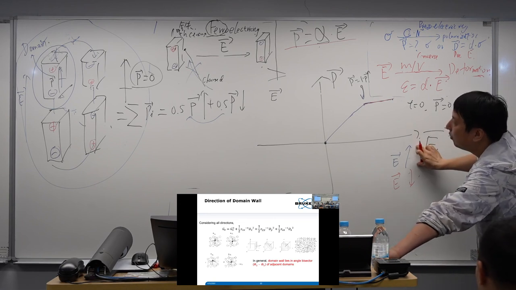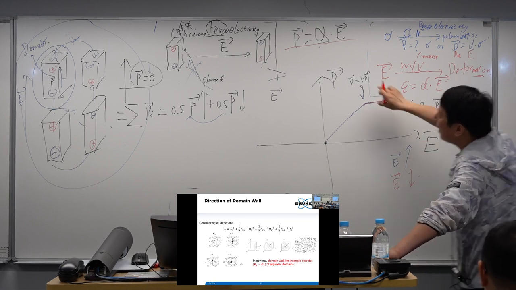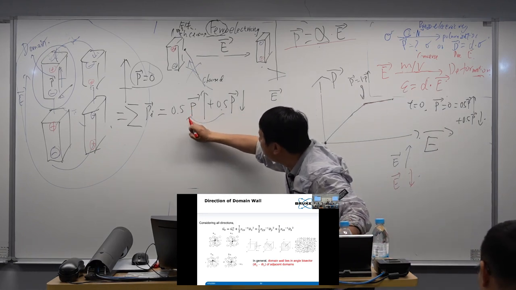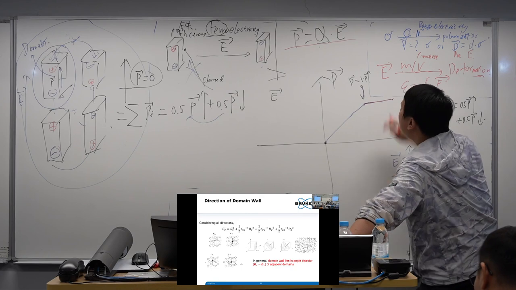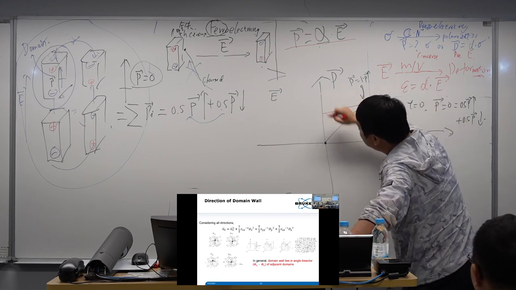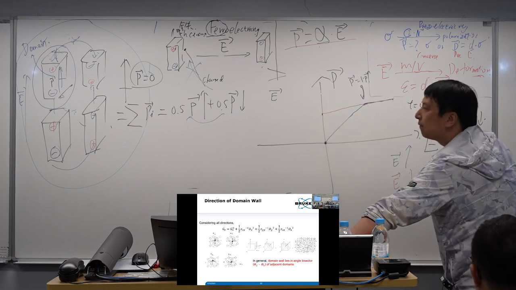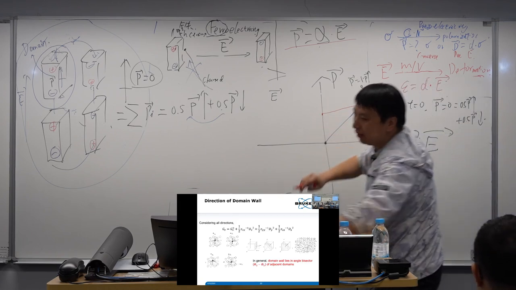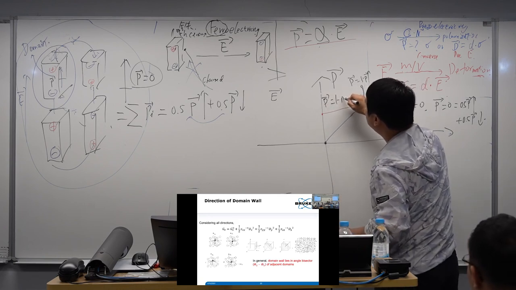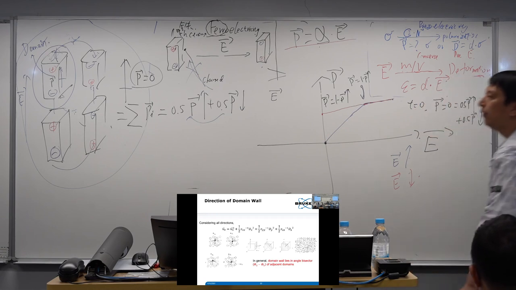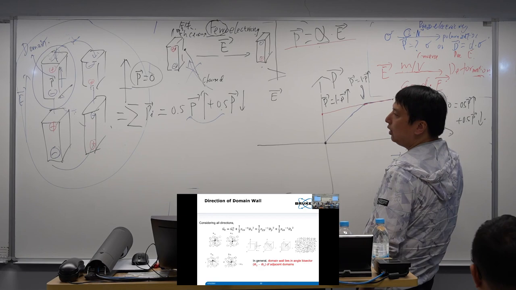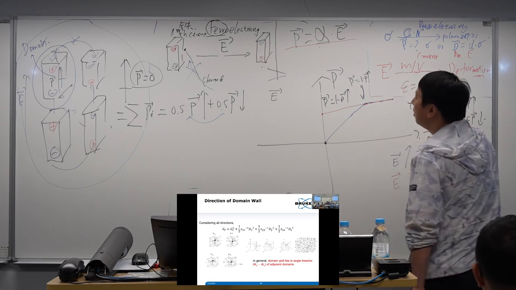With a positive electric field, I cannot change the polarization from facing up to facing down. So I still have to follow this line until I get to this point. At this point, the P is still 100% facing up. At this point, the external electric field is 0.